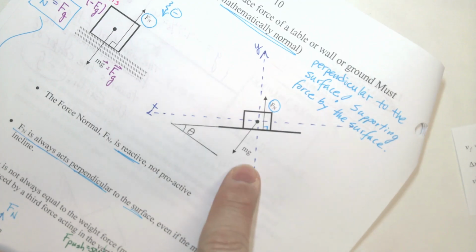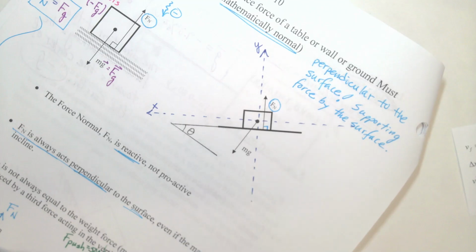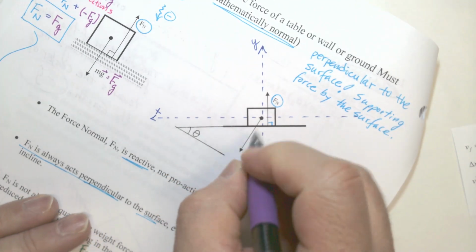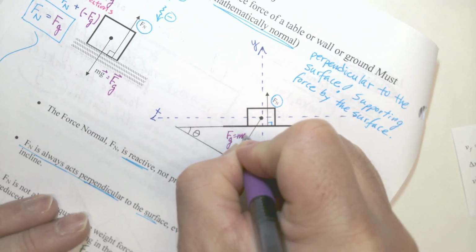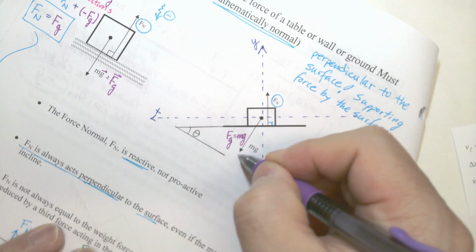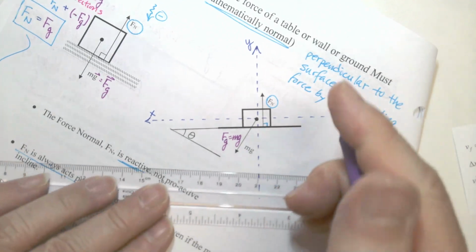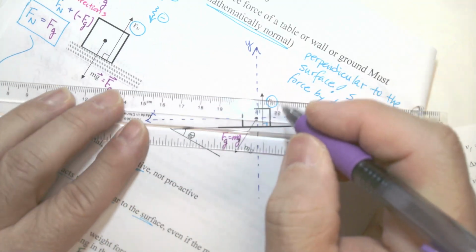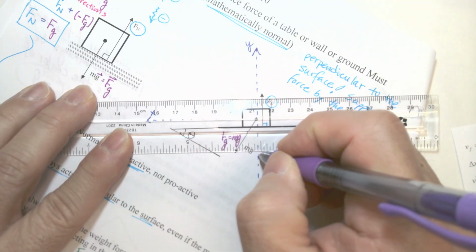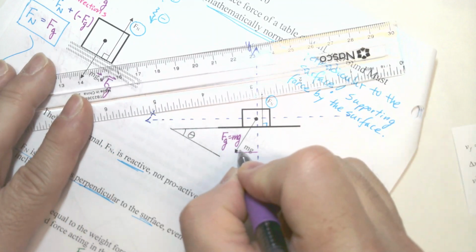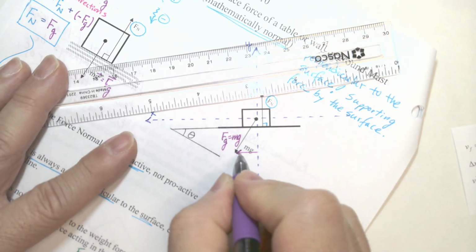Therefore, this FG right here, which is equal to mg, becomes the hypotenuse of your FGX, the component this way. Now notice the arrow of my FGX.